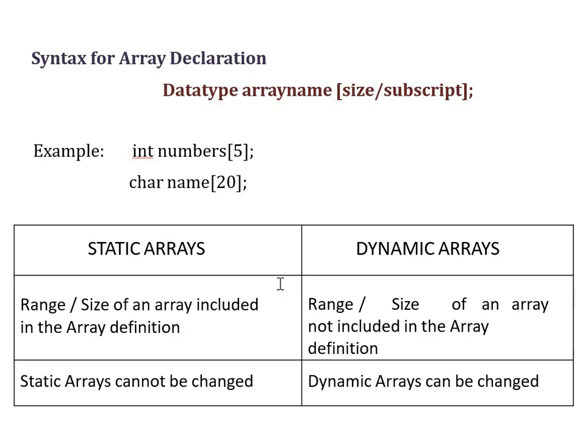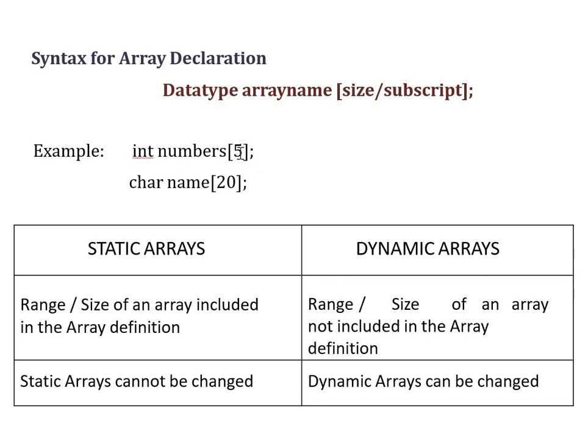And you have two types of arrays based on how they are declared. We have a static array and a dynamic array. In a static array, the range or size of an array is included in the array definition, and static arrays cannot be changed. What does it mean? This is an example of a static array. Why? Because the size or range of the array is already included in the array definition.